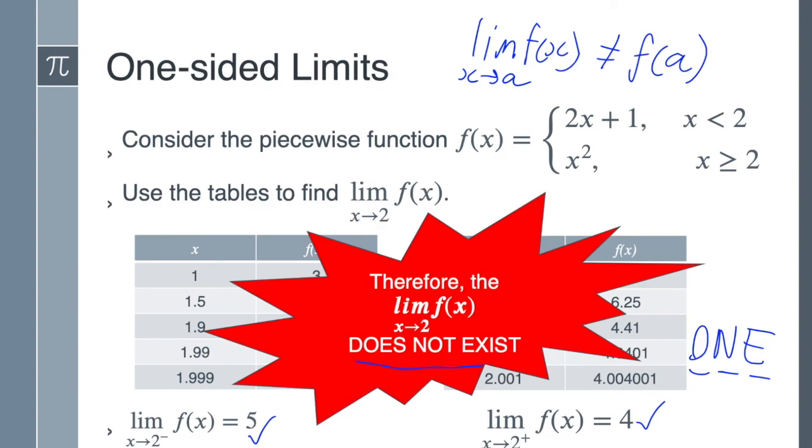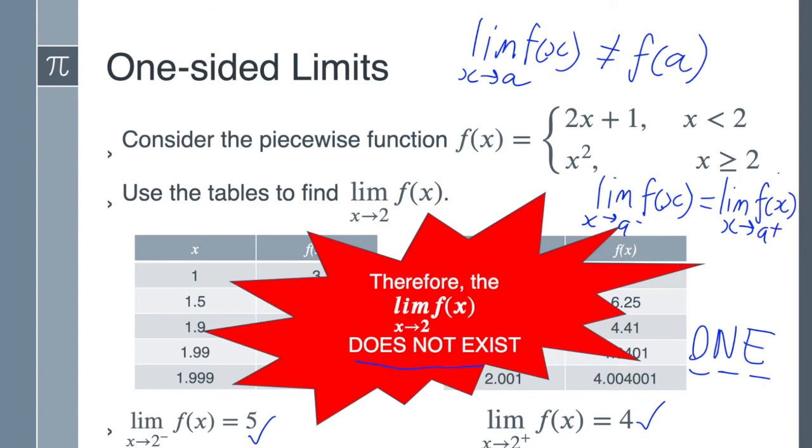We read this as the limit of f of x as x approaches a from the left must be equal to the limit of f of x as x approaches a from the right.